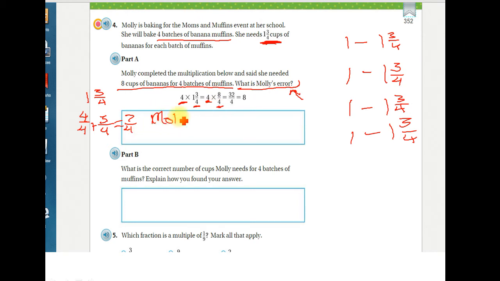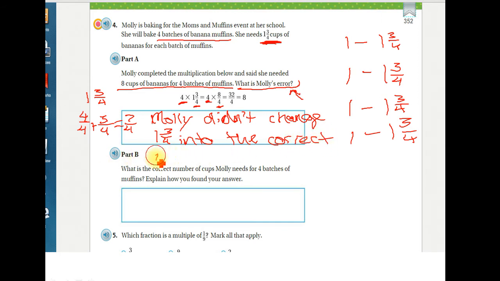Molly didn't change 1 3/4 into the correct improper fraction.